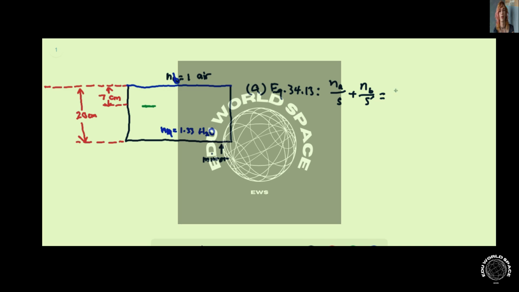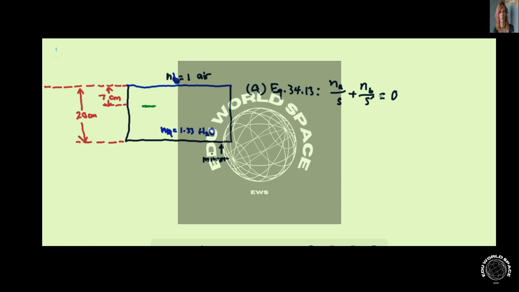And that's equal to 0. And so we know NA, we know NB, we know S. So S is the object distance and S prime is the apparent distance. So we know that the object distance is 7 centimeters.